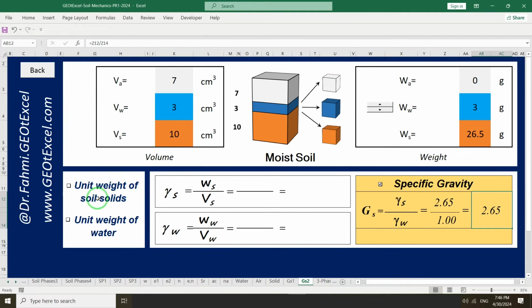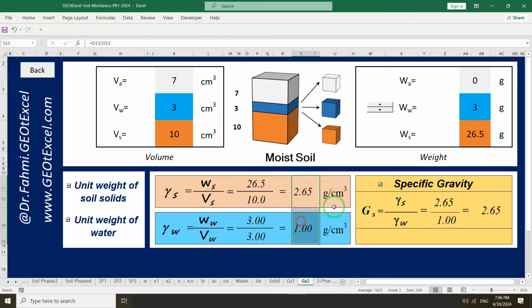Unit weight of soil solids, gamma S, unit weight of water. Specific gravity.